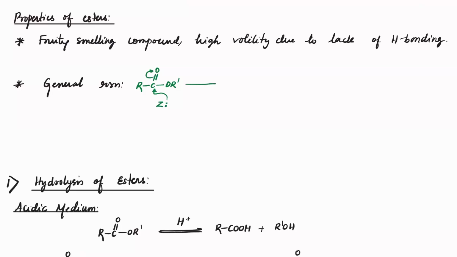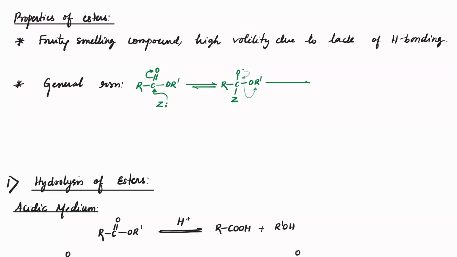This will rearrange to form RCO minus, OR dash, and Z. Now when this O minus closes, the RO minus will come out.